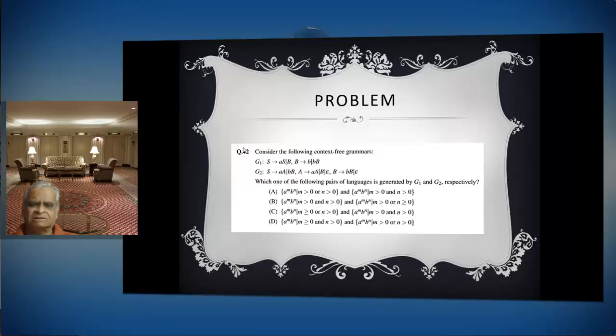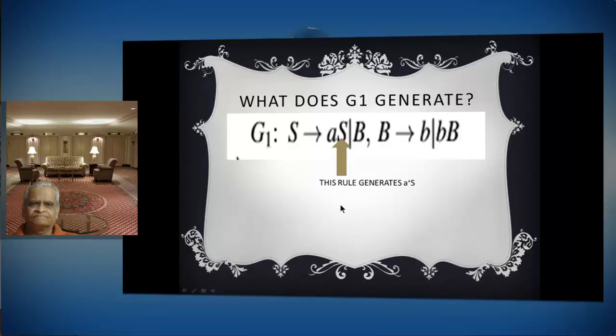So let us start by considering each one of the choices one by one. Let us first consider grammar G1. What does G1 generate? G1, for example, these are the 2 rules. This rule S is a recursive non-terminal. So S generates A plus S depending on how many times I use it.